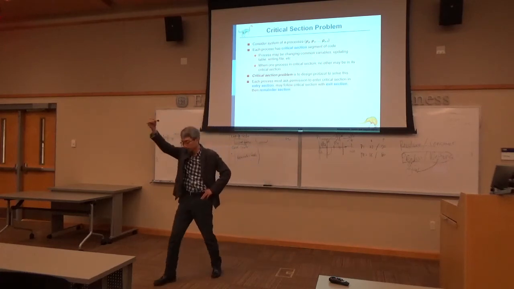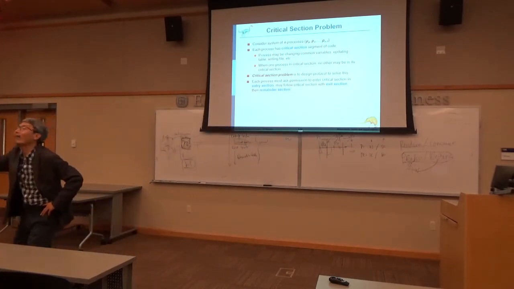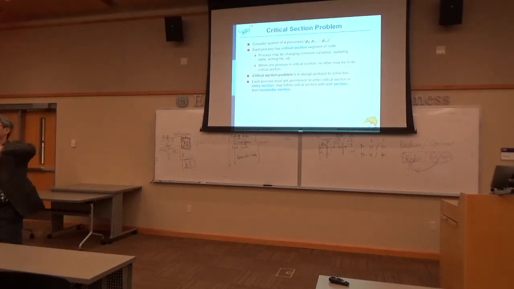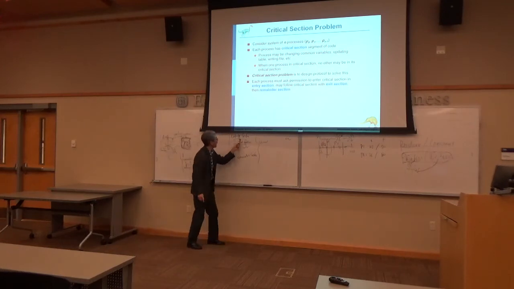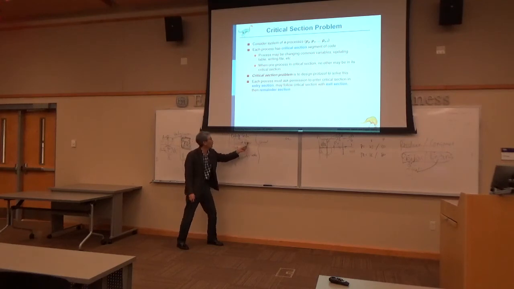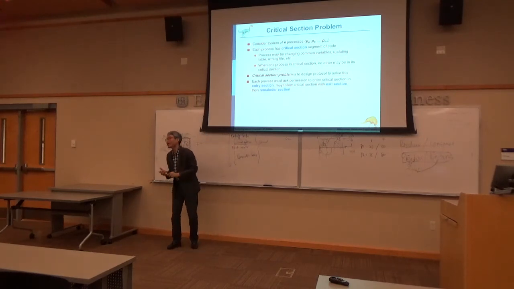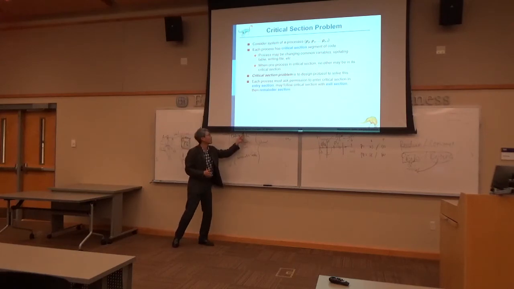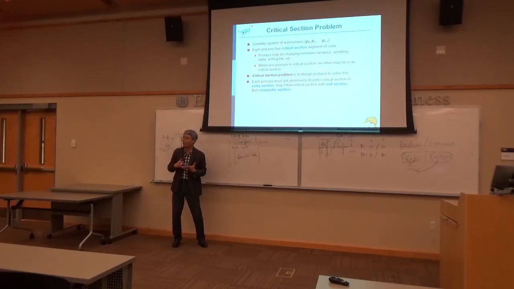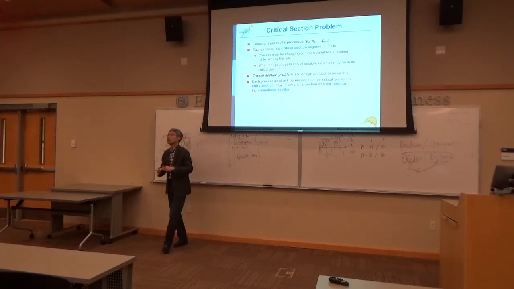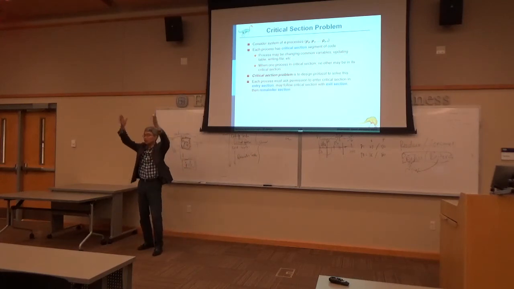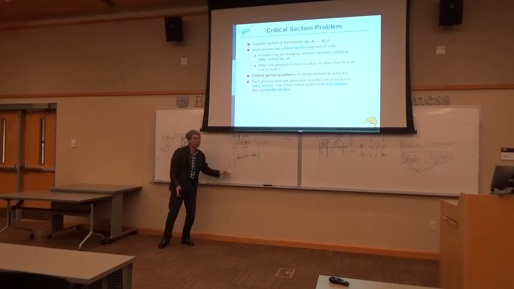So if the process accesses only local variables, that is just the remainder section. But when the program would like to access shared data or any shared resource, this is called the critical section. So to access the critical section, we have something before it, the entry section. Then when a process is out of the critical section, that is called the exit section.